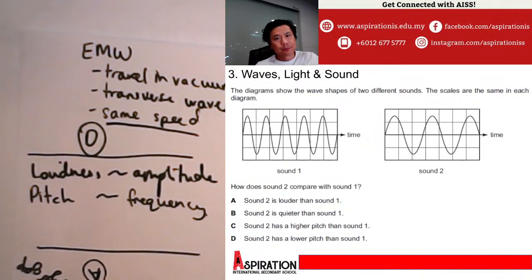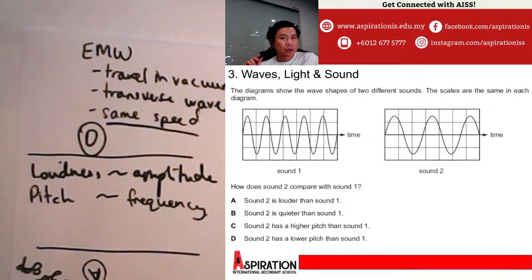Remember, the greater the amplitude, the louder the sound, and the higher the frequency, the higher the pitch. I hope you know how amplitude is featured on the graph, and how frequency is featured on the graph.